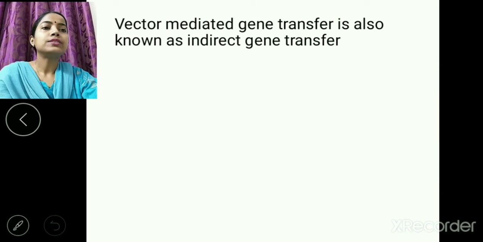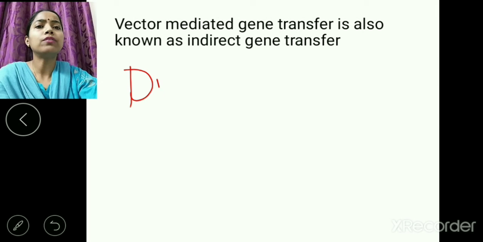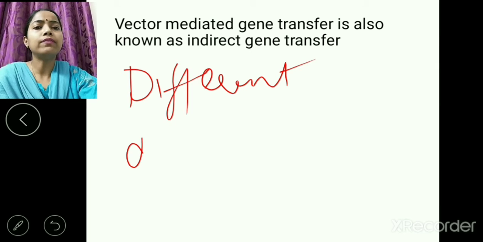This method, vector mediated gene transfer, is also known as indirect gene transfer, which is somewhat different from the direct gene transfer method that you have learned.